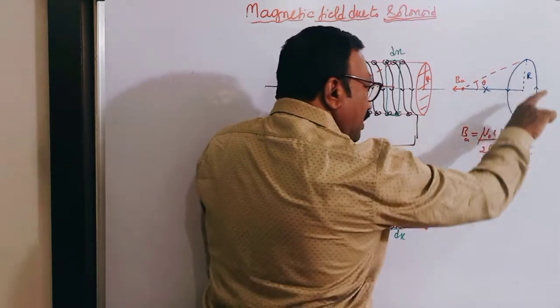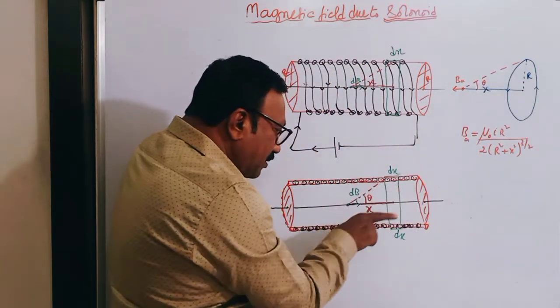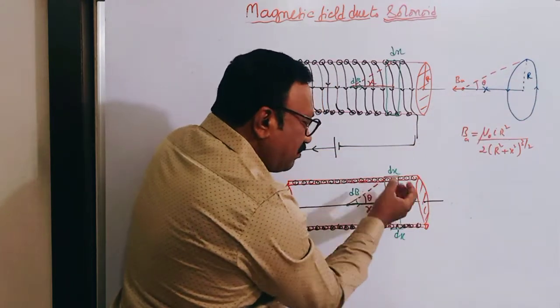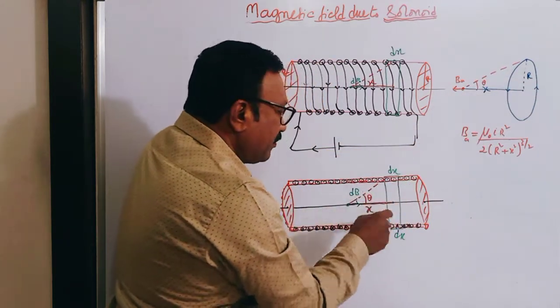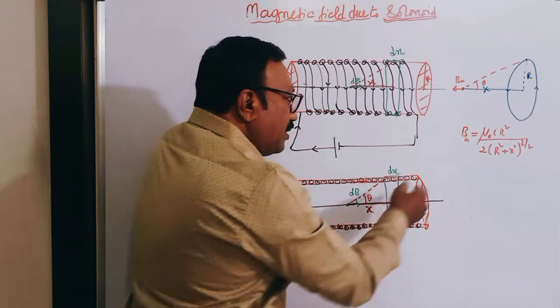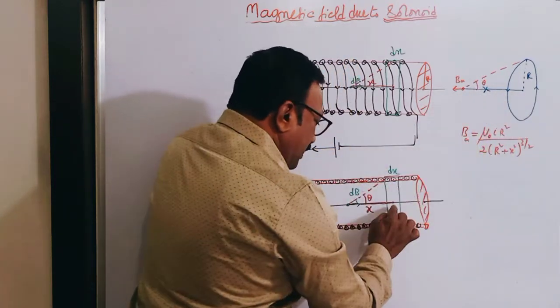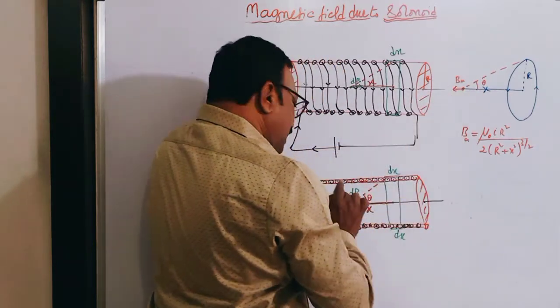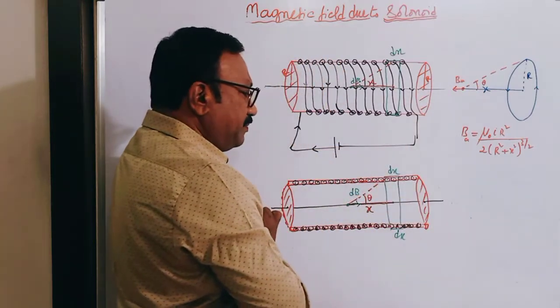So this is a circular conductor. I have only one turn, but you have a few turns here. So some turns are there, okay? So at a distance x from center, the magnetic field is B. Here the magnetic field is dB.